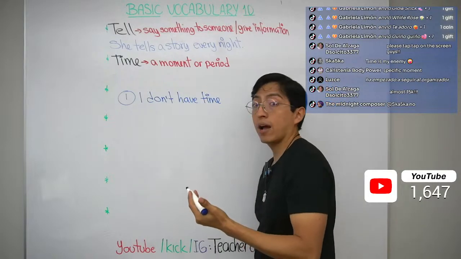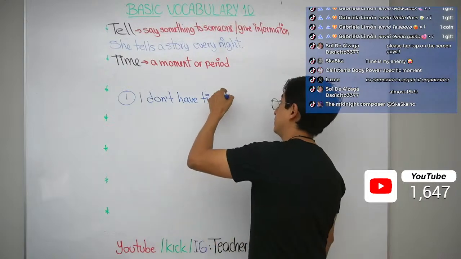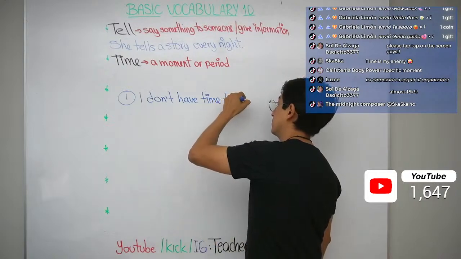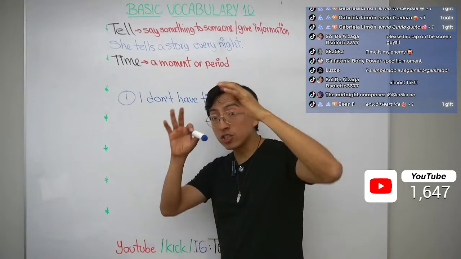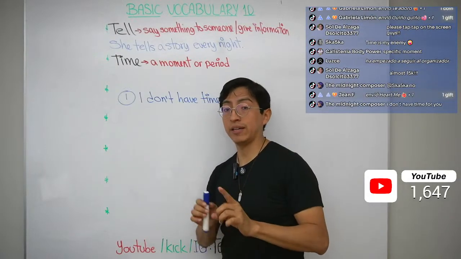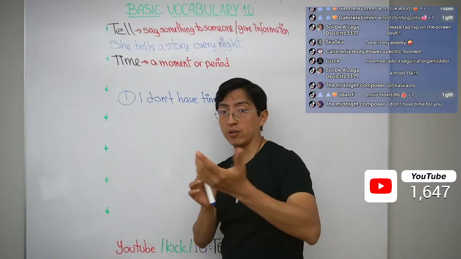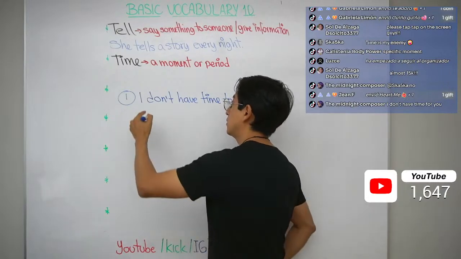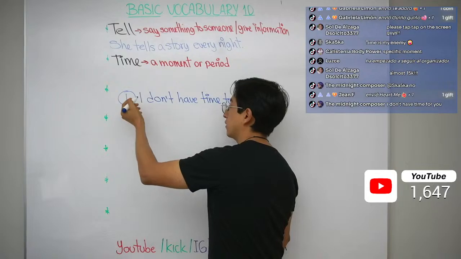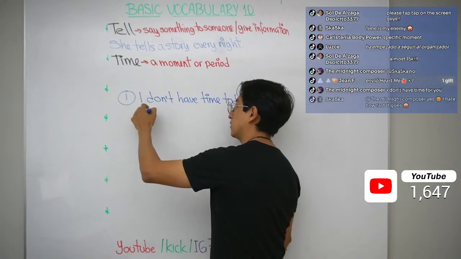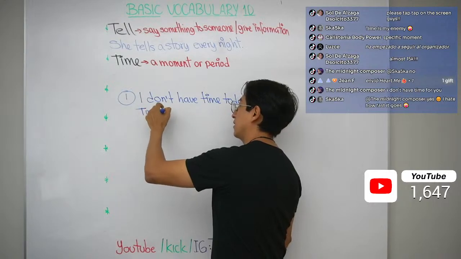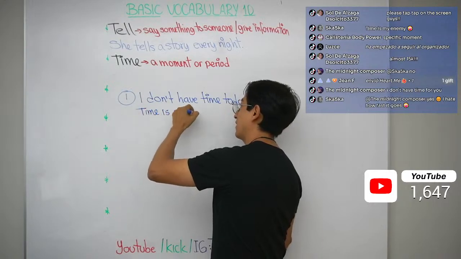Okay, I don't have time today. So we're talking about time in a general way. Or maybe you can say time passes quickly. Or maybe time is my enemy. Let's put that example there too. Time is my enemy.